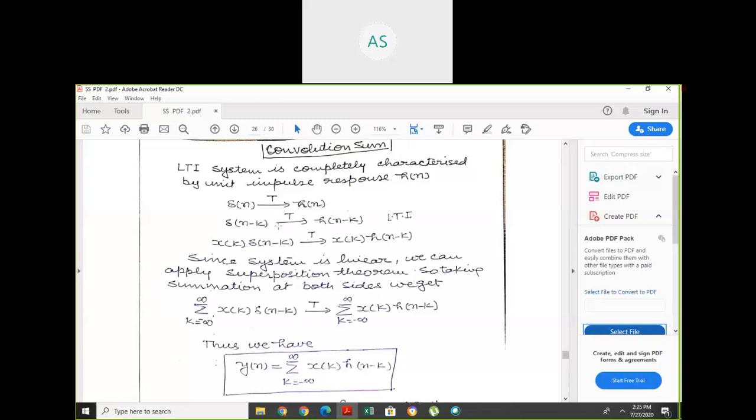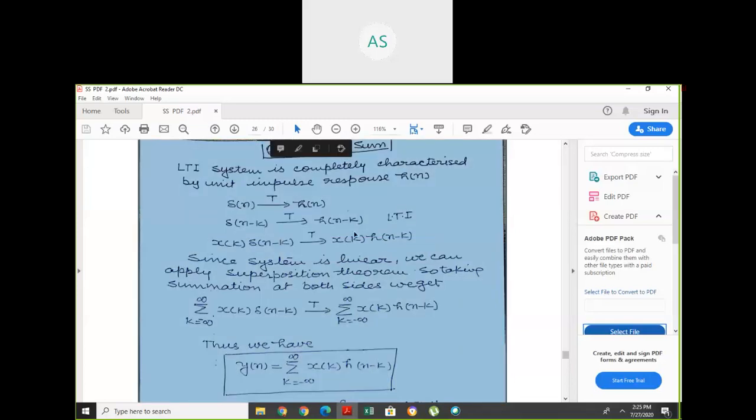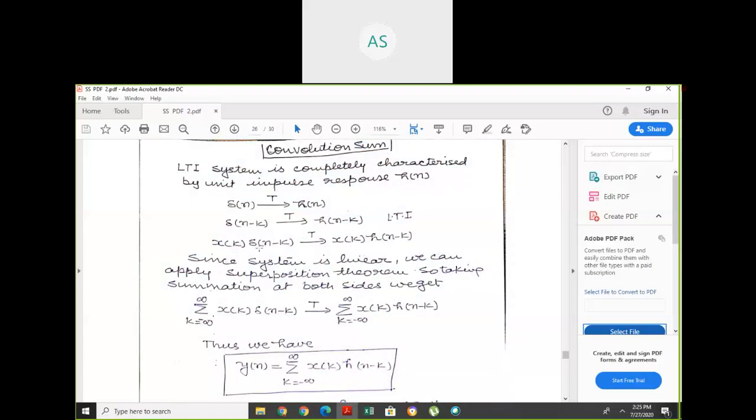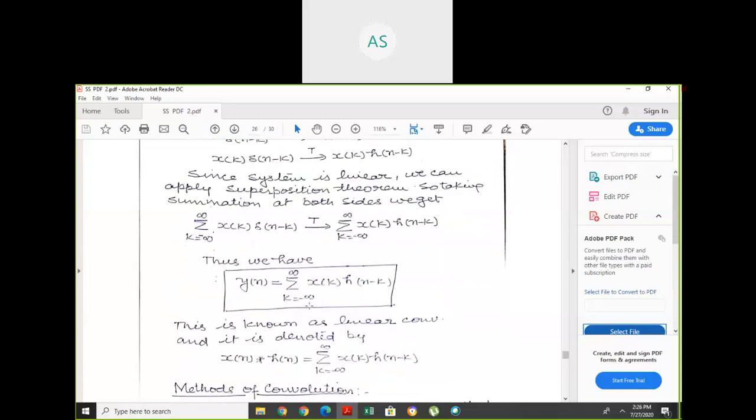Since the system is time invariant, if we delay the input, the output is also delayed by the same number of samples. Suppose we multiply this delayed impulse function by x of k, and we sum up all these input signals. We can also sum up the output signals, because the system is linear, and in a linear system we apply the superposition theorem.